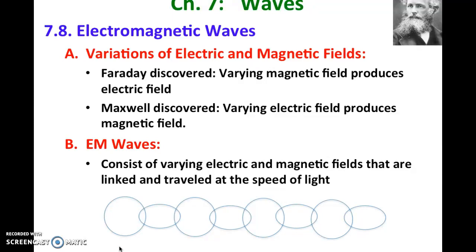In other words, varying electric and magnetic fields produce and link each other, so that they propagate through space and form waves called electromagnetic waves. Therefore, electromagnetic waves consist of varying electric and magnetic fields, and travel by themselves at the speed of light, 3 times 10 to the 8 meters per second, in the vacuum.